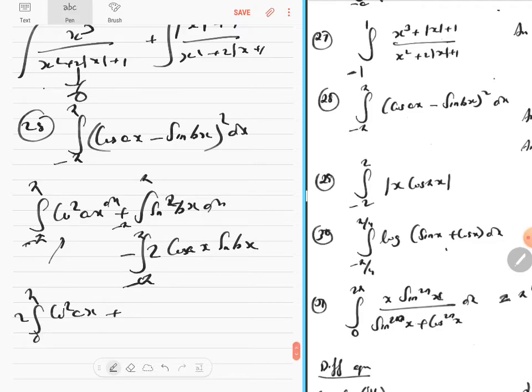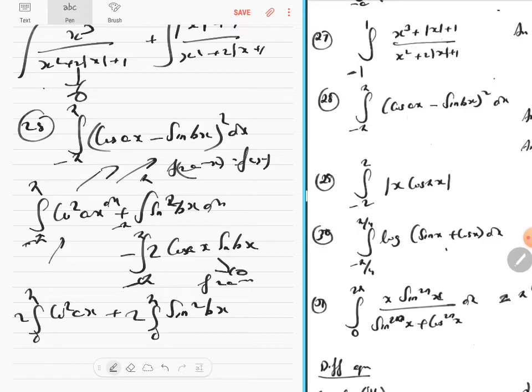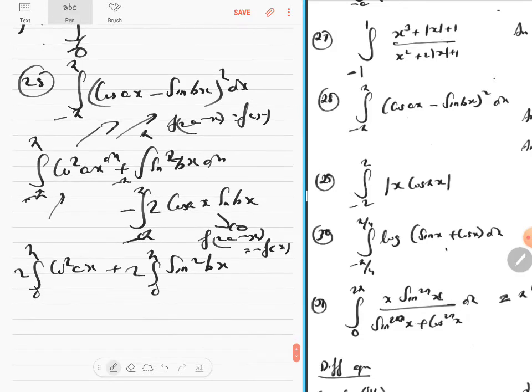Similarly here, the power is squared, so f of 2a minus x will be f of x. So you can write 2 times 0 to pi sin square bx, whereas this will become 0 because f of 2a minus x here is minus of f of x, because sin of minus x is minus sin x, so this is a cos and sin multiplied.